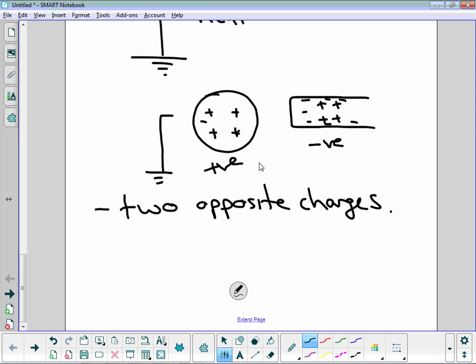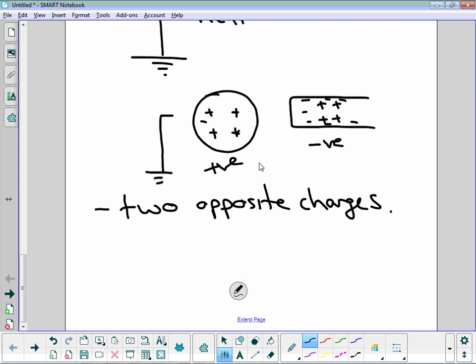If I make a positive repel and ground it through induction, I end up with two opposite charges. That's not going to get me the two charges that are the same. So I can't use induction and grounding. That would give me two opposites. And if I wanted two opposites, that's what I would do. But I want two that are the same. What am I going to do?